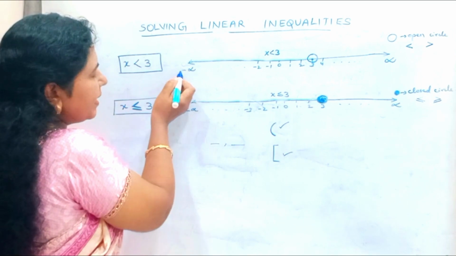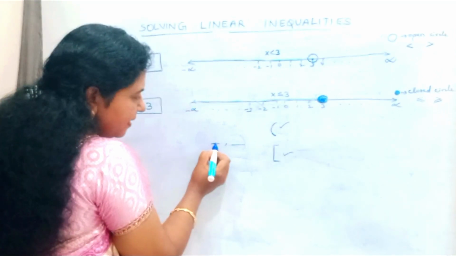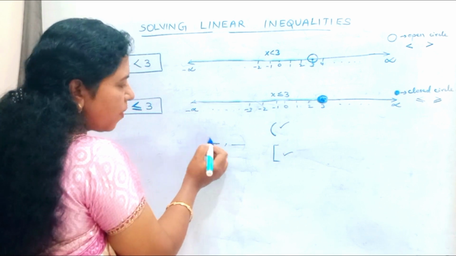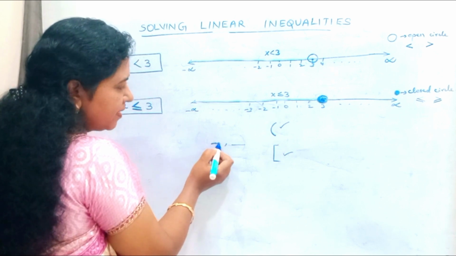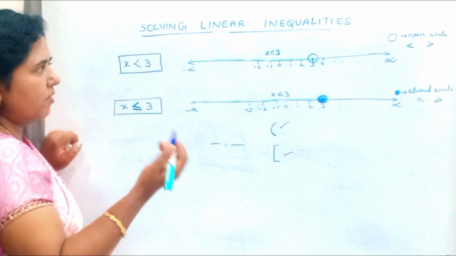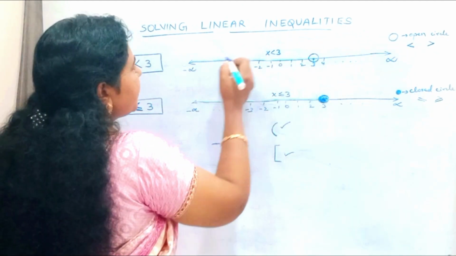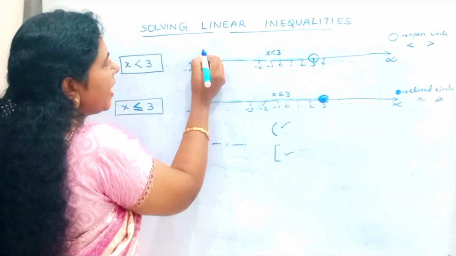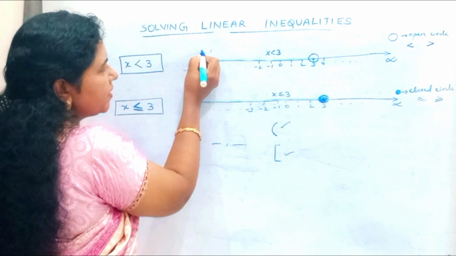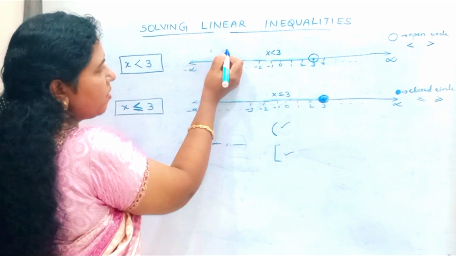And while writing the values, in the first place we have to write down the smaller value, which I have already said is the lower value, and in the second place we have to write down the larger value. So coming to this example, first some value, comma, second some value. First it is a smaller value, second it is a larger value.